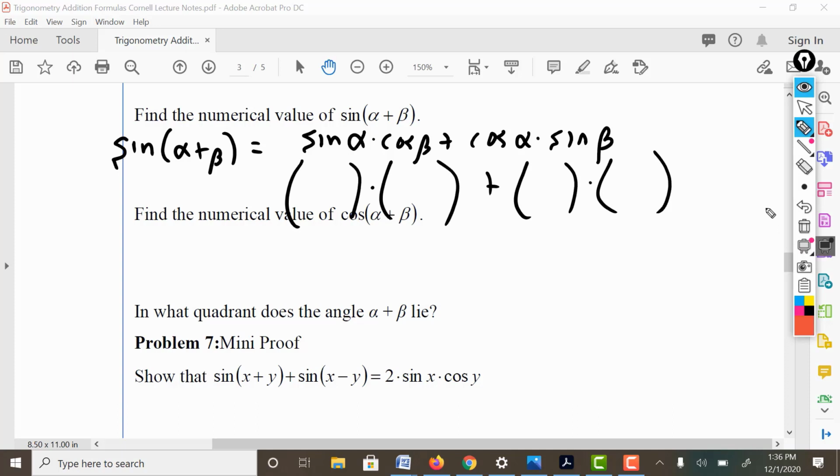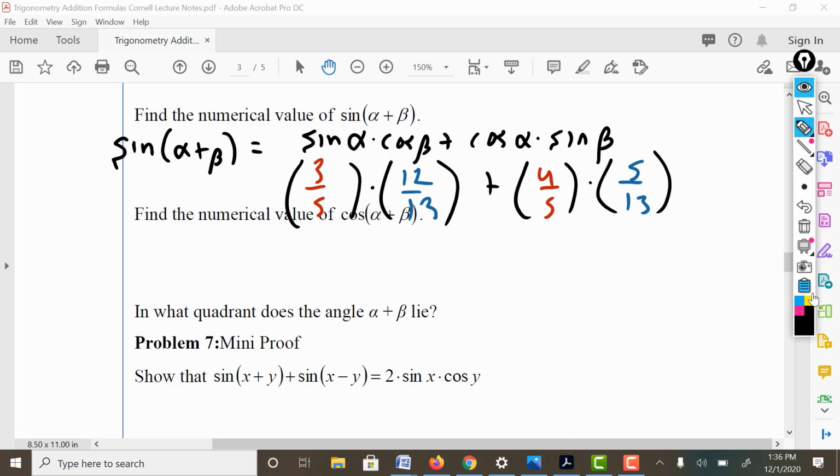Sine of alpha was 3 over 5. Cosine of alpha was 4 over 5. Cosine beta ended up being 12 over 13. And the sine was 5 over 13. So we can only get to this point if we have set up the two right triangles and found sine and cosine for both.